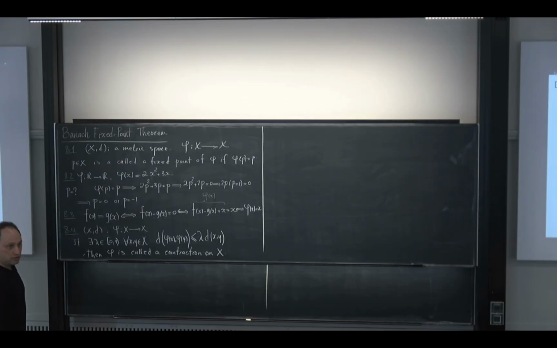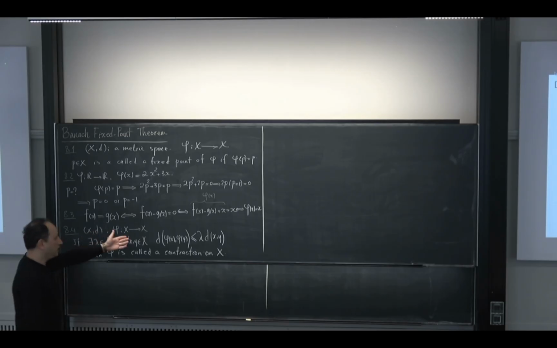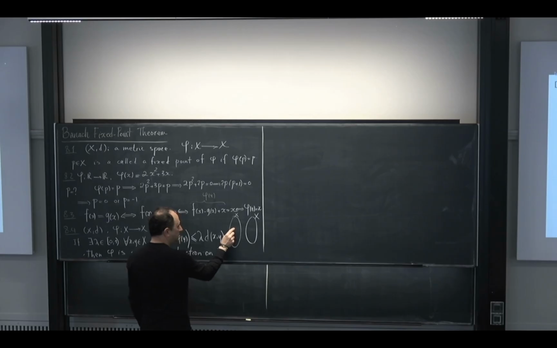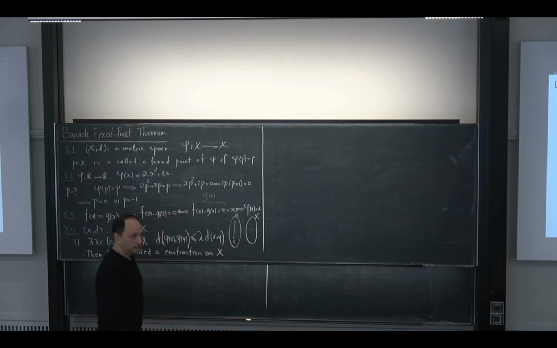Okay, any questions? What is the meaning of this geometrically? It means that, for example, if this is X and this is also X, phi goes from X to X. It means that if I have this distance, for example, if this is x and this is y, this is this distance. This distance for every pair will be reduced, okay?